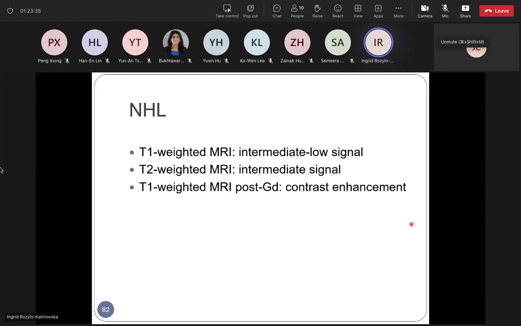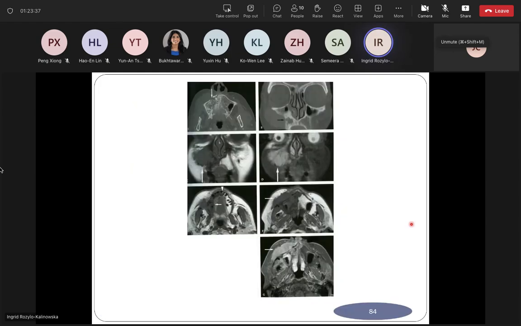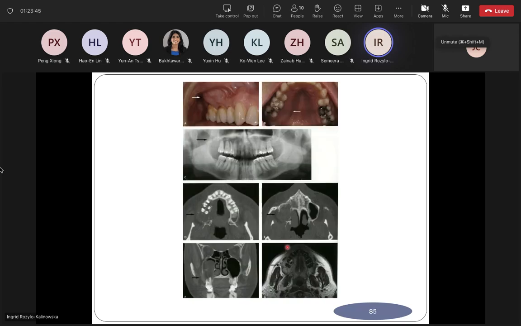So it's also a tumor of the maxillary sinus growing out into the cheek. So here was also an example of non-Hodgkin's lymphoma with ill-defined bone destruction without predominant new bone formation.